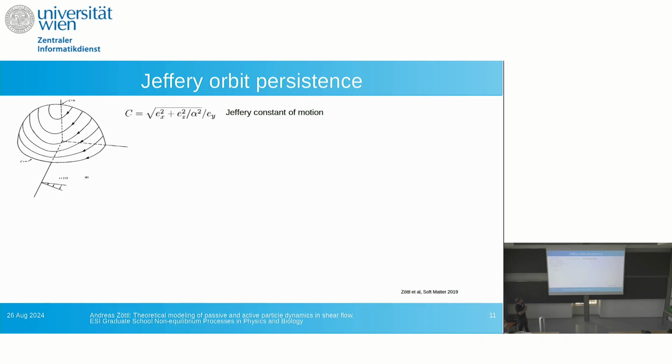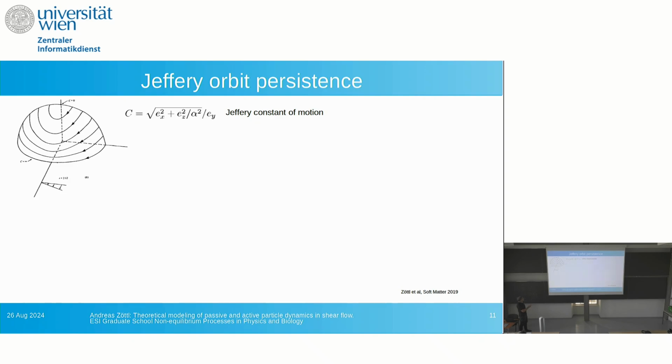So if you have no noise, you go on one of these trajectories. And the Jeffrey constant is really a constant. It stays the same over the whole duration of the trajectory. And you can measure this Ex, Ey, and Ez at each instant in time, and it will be a constant. Okay, the thing is now, when you have noise, you do not have these perfect periodic solutions anymore.